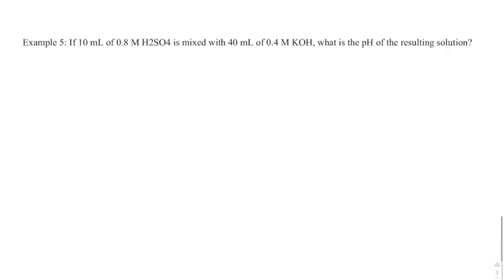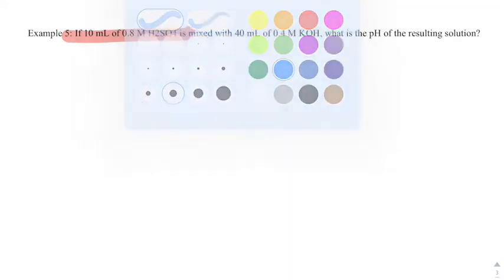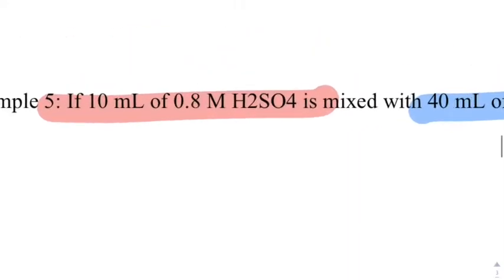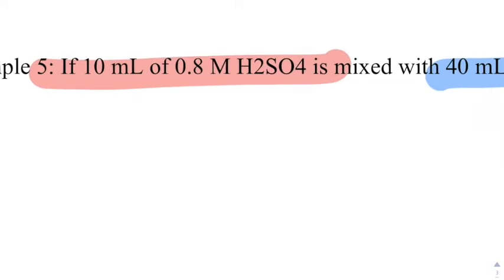One more example here that's, again, even weirder, but we're going to end up in the same spot. Please recognize here that I have 10 milliliters of 0.8 molar sulfuric acid, and I have 40 milliliters of 0.4 molar potassium hydroxide. This one is technically a little bit weird because what part of the sulfuric acid do we care about?